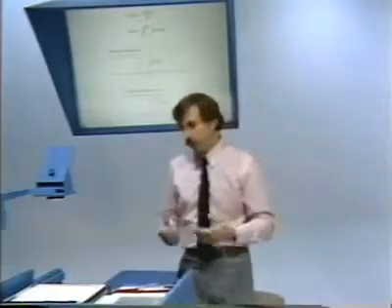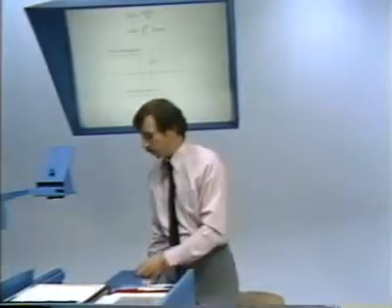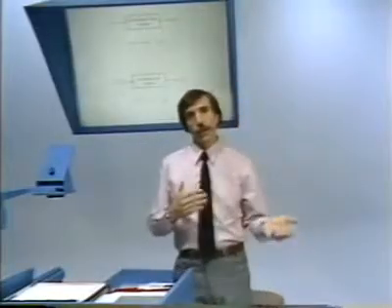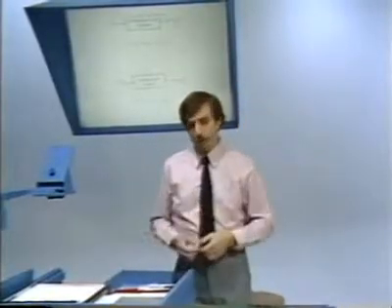So let's first talk about systems in general. And a system in general, in its most general definition, is simply a transformation from an input signal to an output signal.